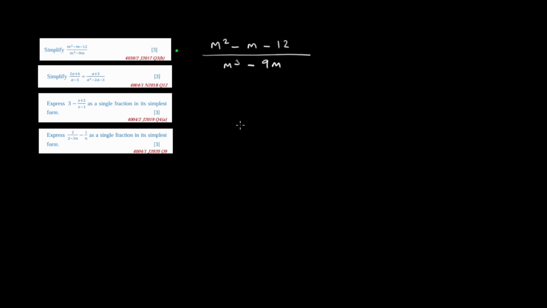Saka kuti tikwanise kutsaura m squared minus m minus 12, tinenge takushandisa this little word. You say consider kana kuti calculating.